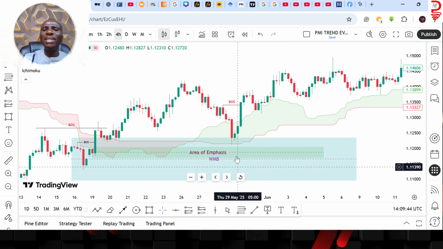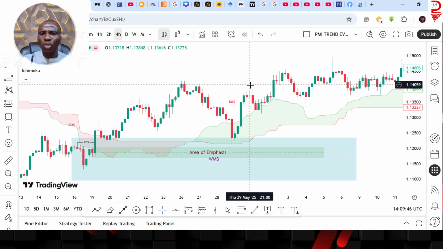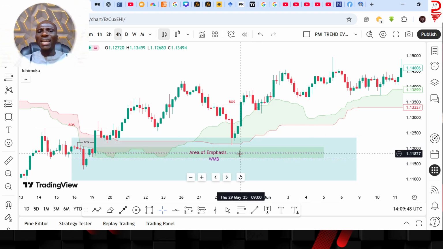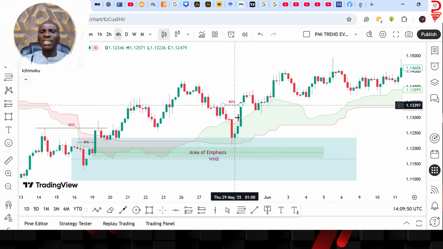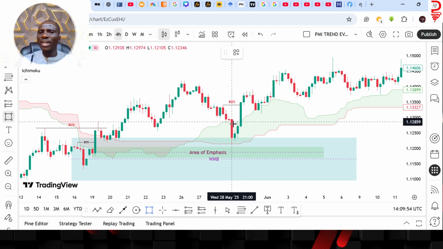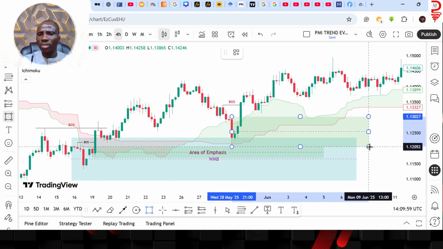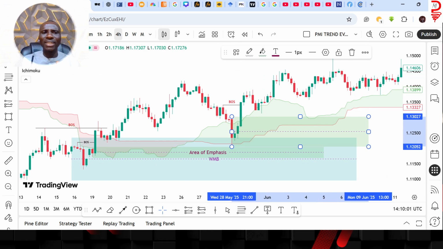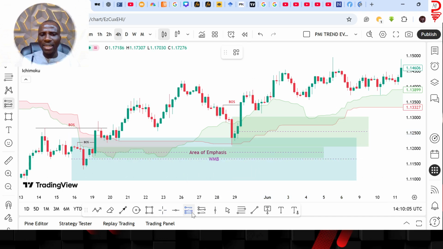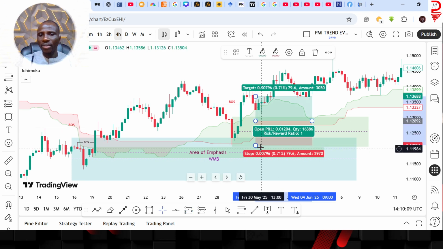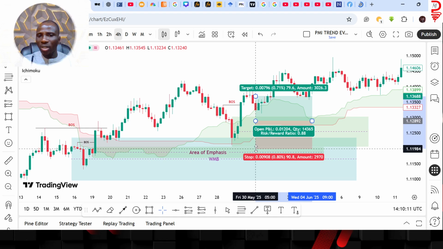So immediately you see a break of structure, even when the market does not trade back into the area of emphasis, you want to take a position. If at PMI we were to enter this trade, although it would not have picked us, because I would have refined this trade to pick us around this place, just because we are trying to get a ratio of 1 to 6. Ratio 1 to 6. That's what I would have done.